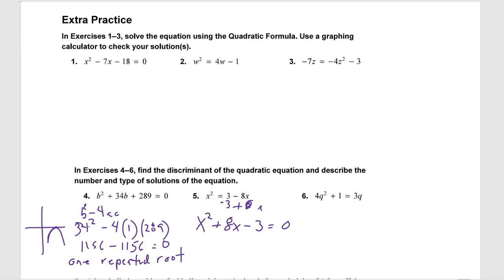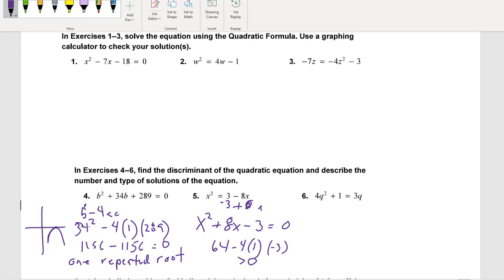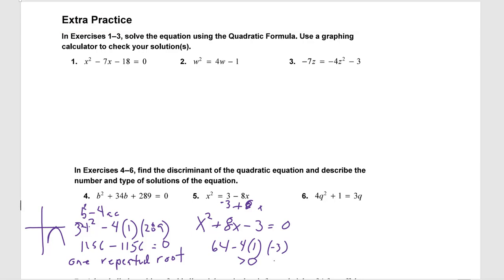And then for our discriminant, we get b squared, which is 64, minus 4 times 1 times negative 3. So the issue here is that we have a negative times a negative, which makes that positive. So 64 plus whatever that is, in this case 12, is going to be a positive number. So what we're concerned about is that it's greater than 0. When it is greater than 0, this means that there are 2 real roots.